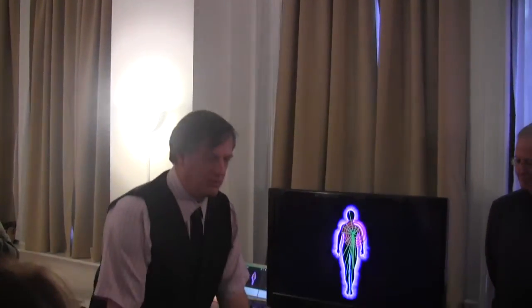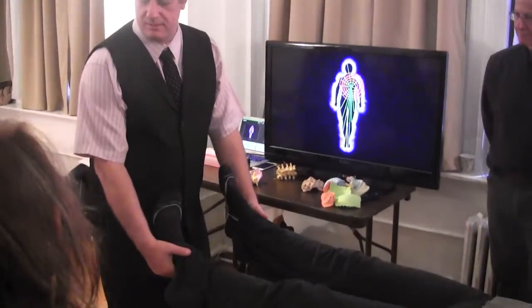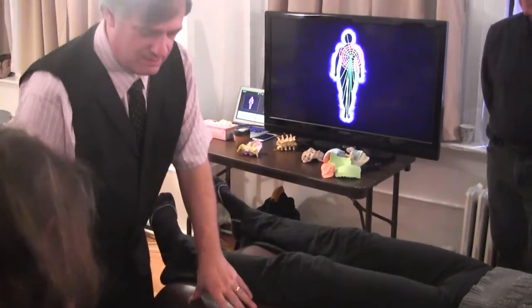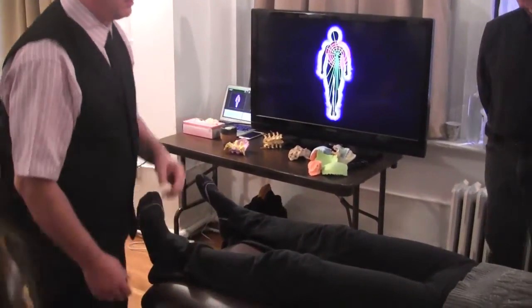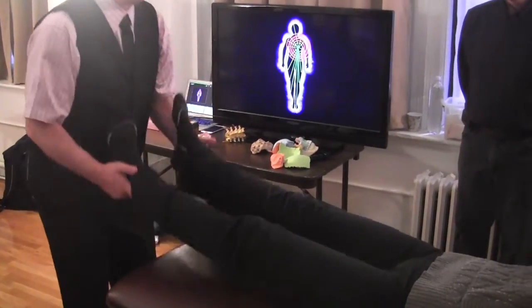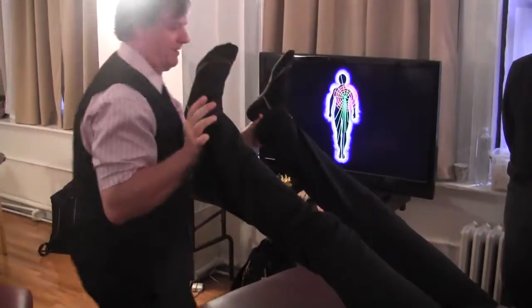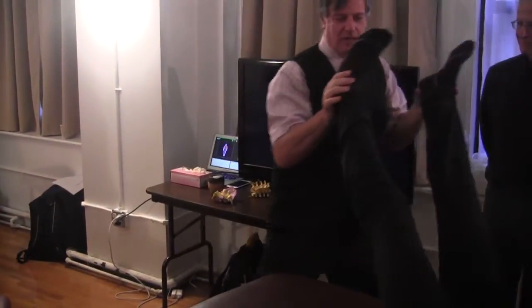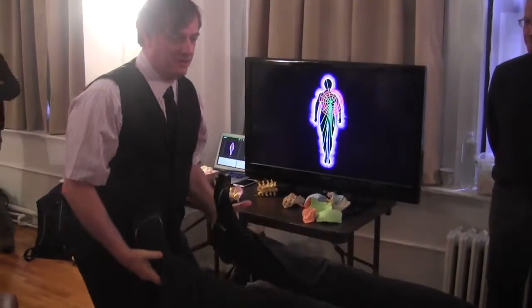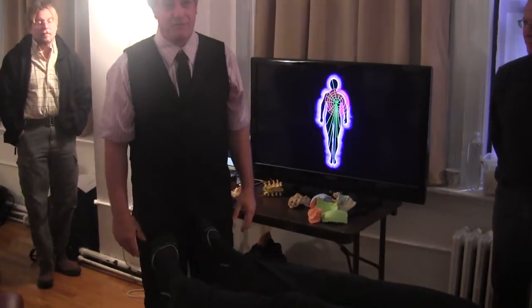But if you're tuning into the cranial rhythm, I've watched people do arcing like this. I've watched this in classes, and I'm being a little bit hyperbolic, but it doesn't matter how much I do this, her buttocks is not coming off the table.